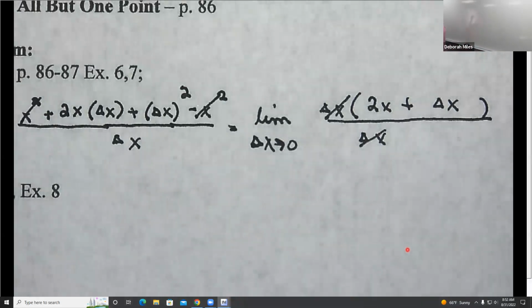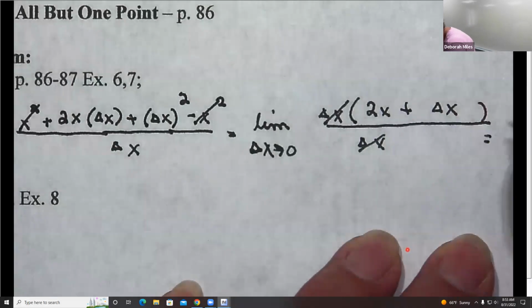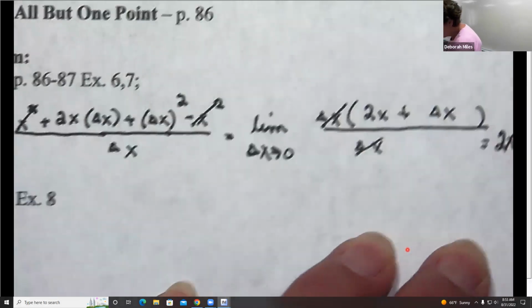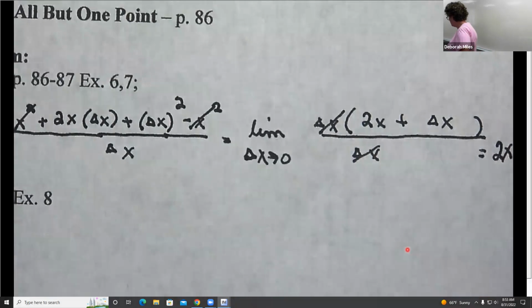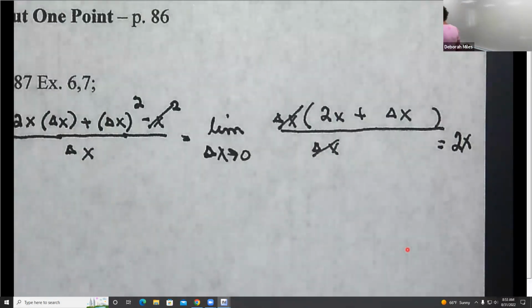And then tell me this limit, if my delta x, if my distance between 2 x's was getting so tiny that it was almost just one right on top of the other. If delta x was getting to be so close to 0 it disappeared, what would be left of that limit? 2x. And you don't know it, but you just found the derivative of the function y equals x squared.